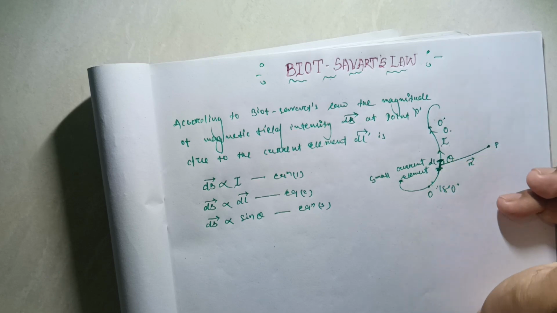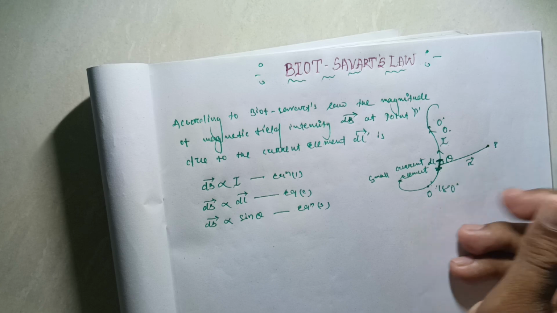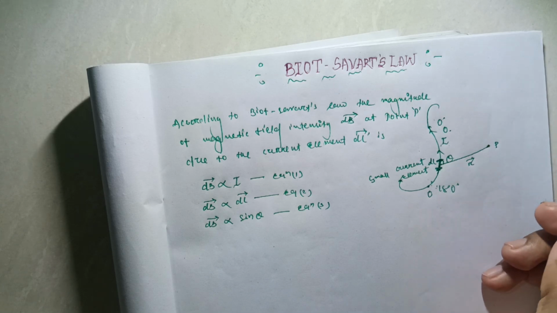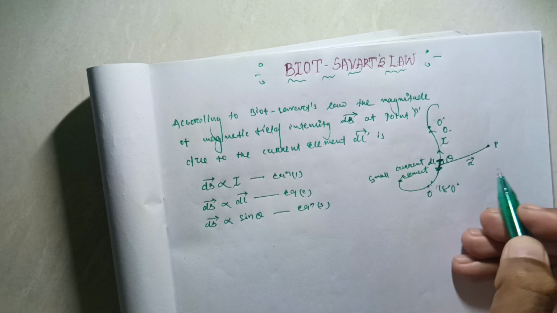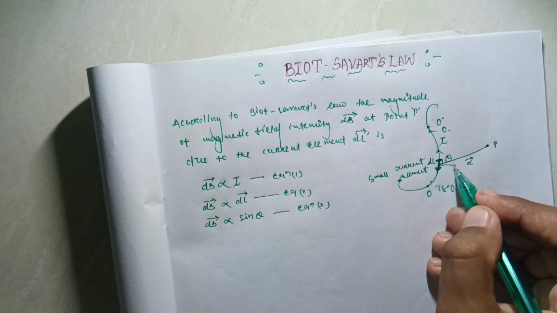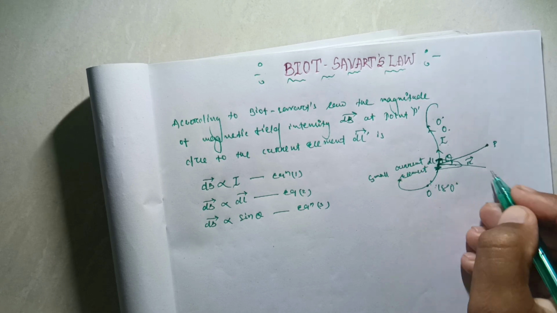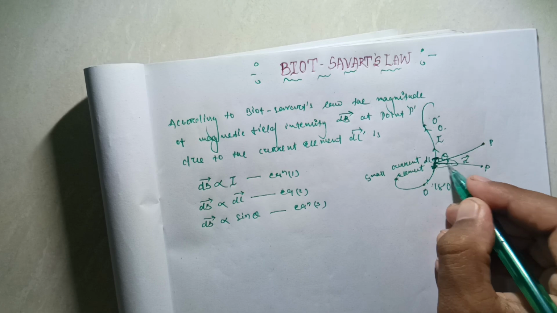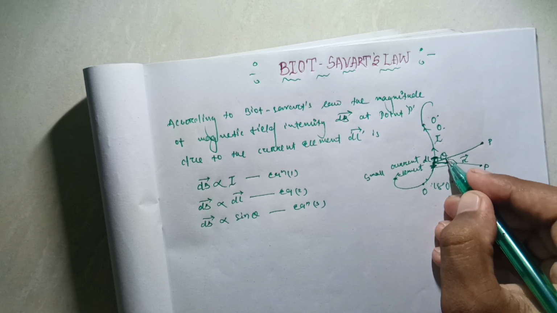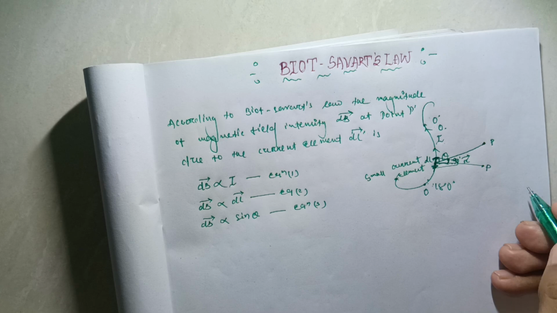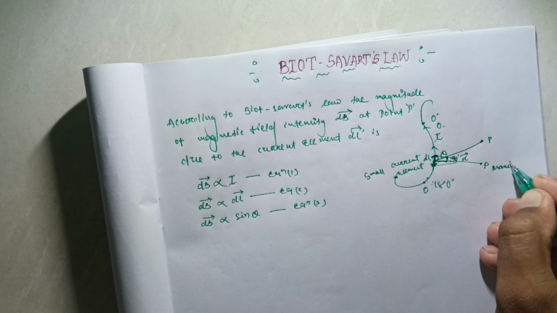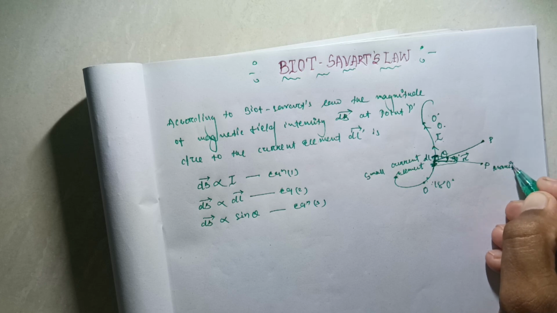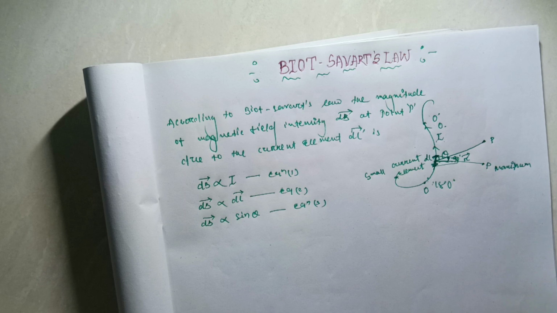Yes or no? Because we all know the magnetic field goes perpendicularly like this. If the point P is at this position, where the angle is 90 degrees, then the magnetic field intensity will be maximum at this point.